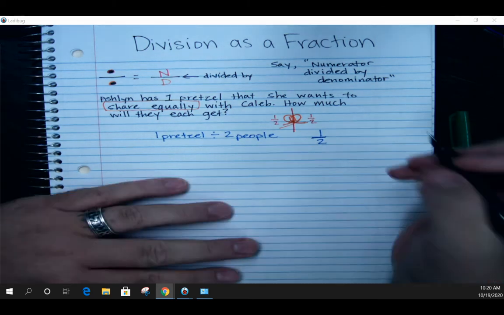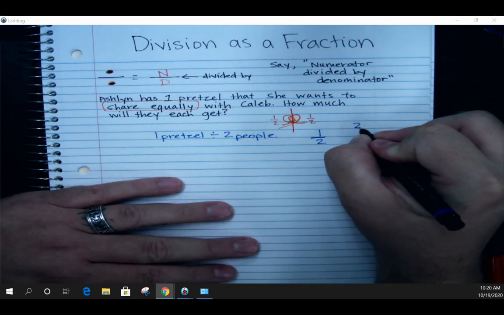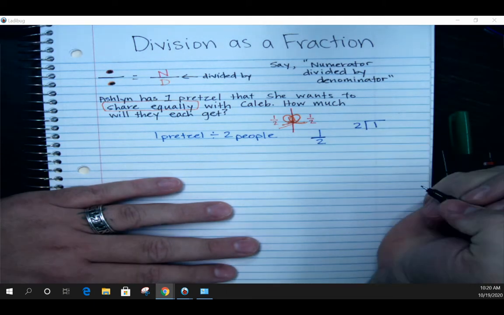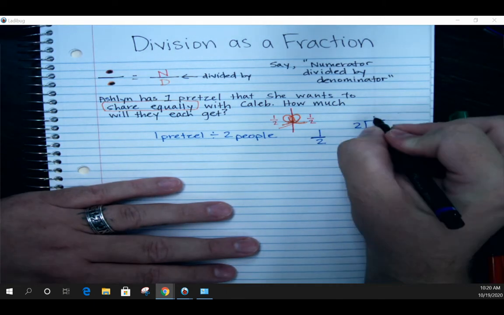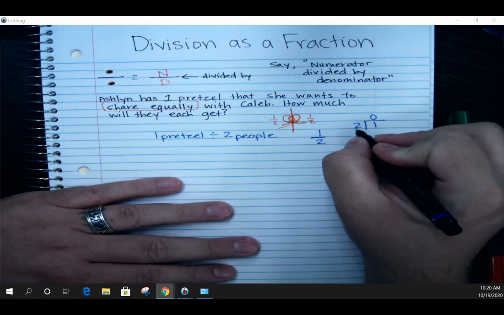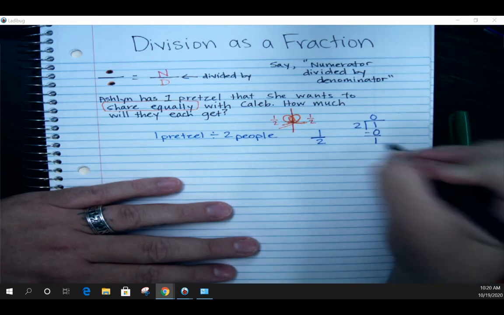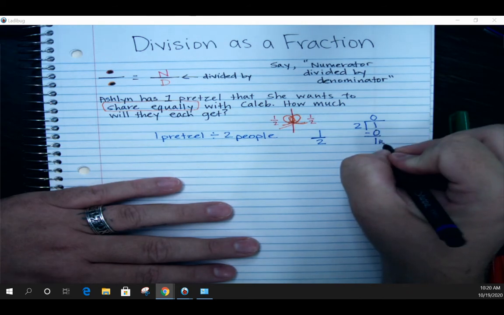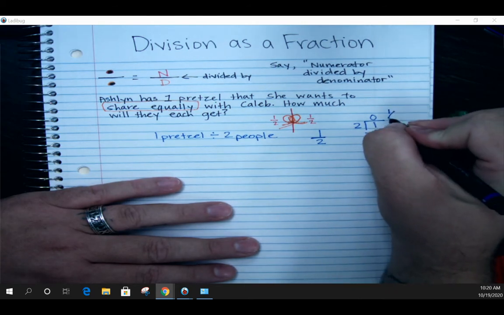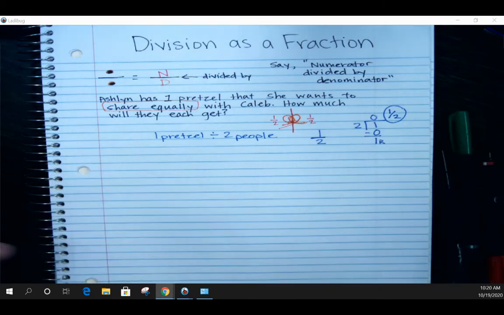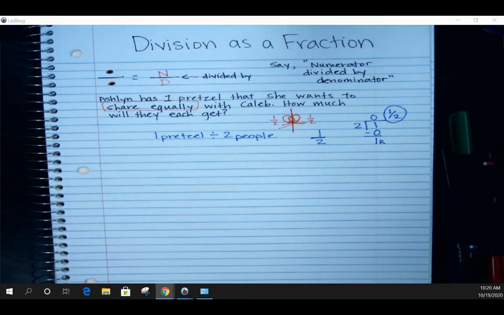Or I can say 2 goes into 1 how many times? 0 times. 0 times 2 is 0. 1 minus 0 is 1. This is the remainder, right? 1/2. Any way the pretzel crumbles, they're going to get 1/2 apiece.